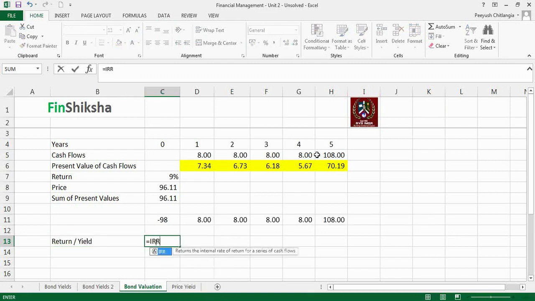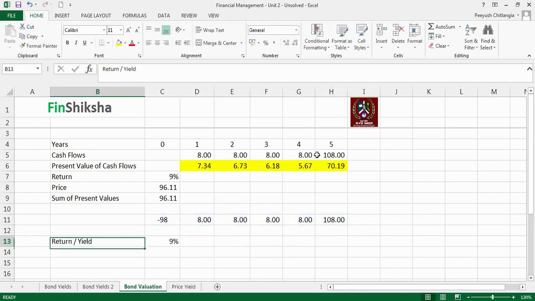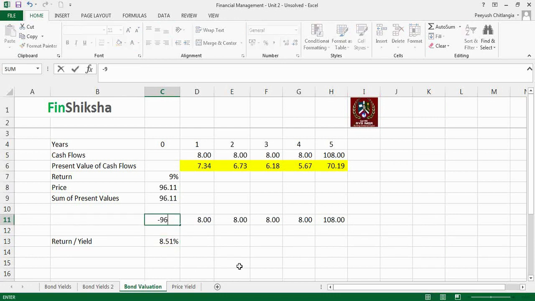Here I can use the function IRR, select all this, and calculate that my return is going to be 8.51%. If I paid minus 96.11, my return is going to be 9%. If I pay 99, the return is lesser. If I pay 102, the return is even lesser. It's 7.5%, right? So that's how you define the price and yield relationship.